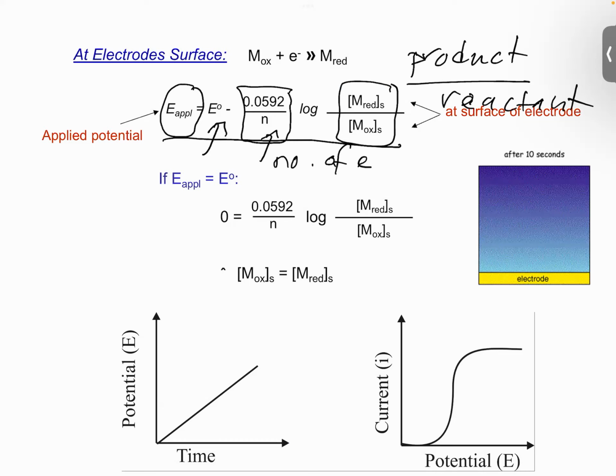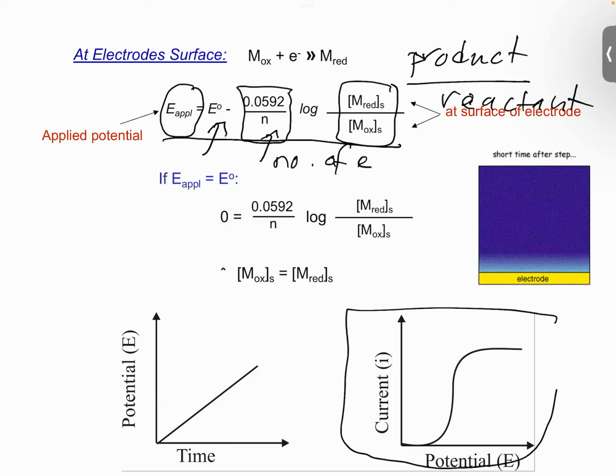So the whole process is what happens when you start to apply voltage, potential. You can see that from here, no current is observed, and then from here, you start to have current. That is when the reduction oxidation starts to happen.